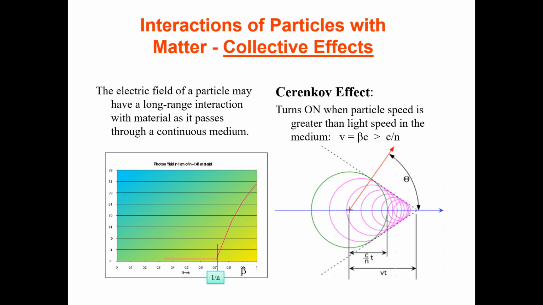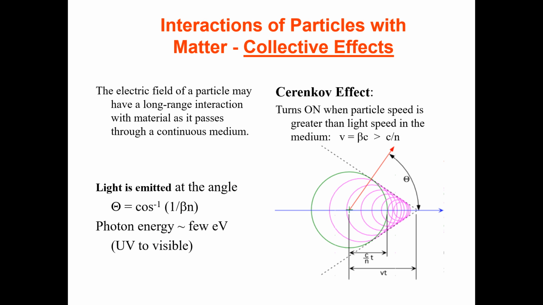What happened in this situation? The Cherenkov effect is turned on when the particle speed is greater than the light speed in the medium. We can discuss that later on, or maybe you already know about this from studying modern physics. Later in this course we can also deal with this topic again.